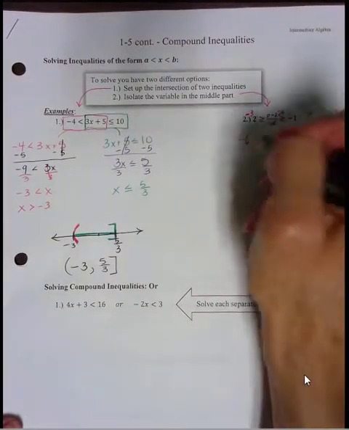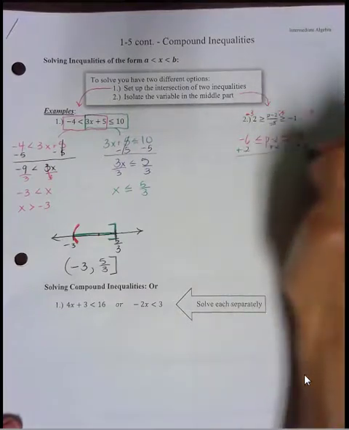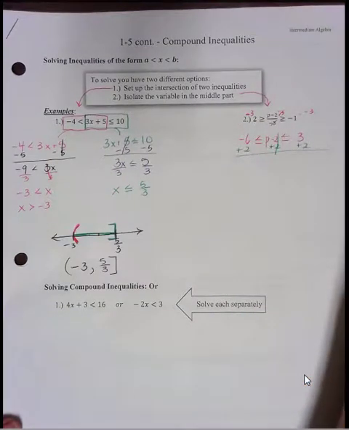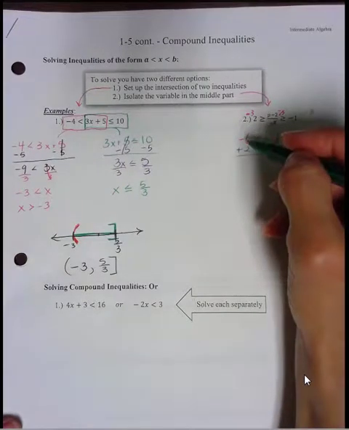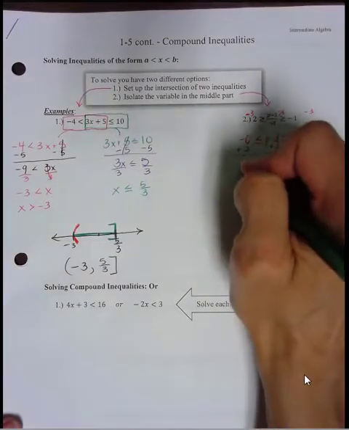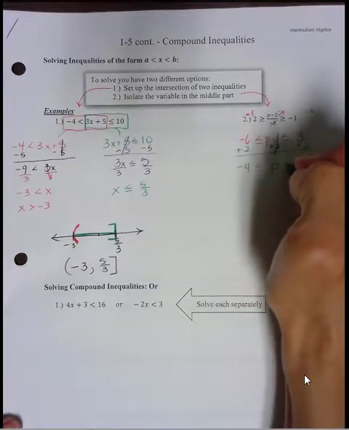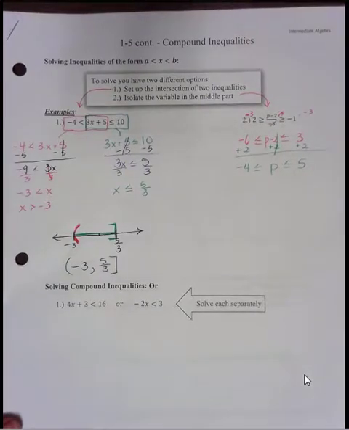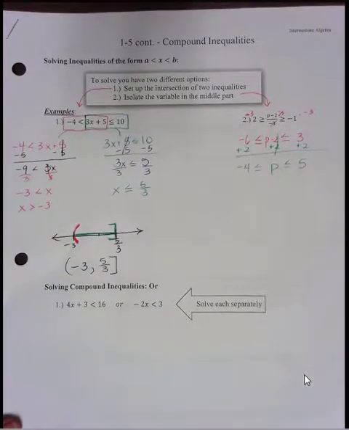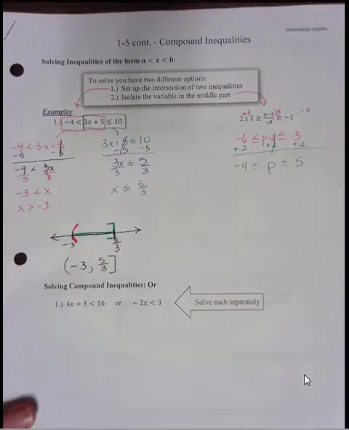But if I did it here, I also have to do it here and here, which is a little different than what we're used to. Okay, so now I have a negative 6 plus 2, which gives me negative 4, less than or equal to p, which is less than or equal to 5. So that's the other option. You just have to be really cautious that you don't forget to apply it to both pieces.